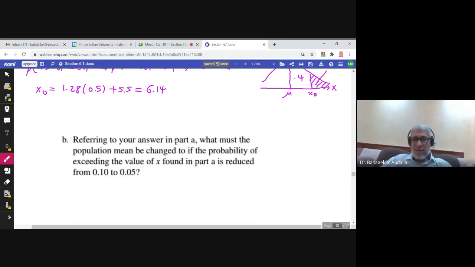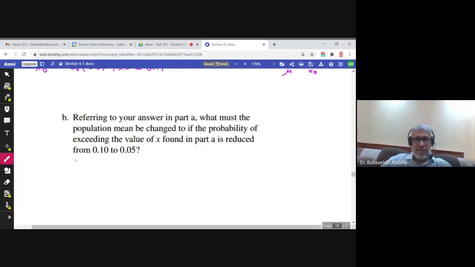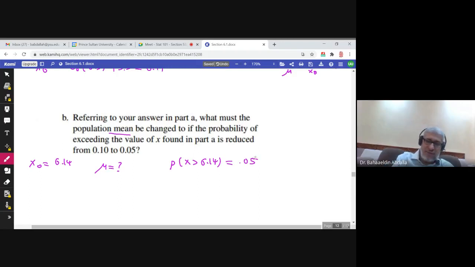Referring to your answer in part A, our answer is x0 is 6.14. What must the population mean be changed to? Okay, so mu would be changed to another mu, which is unknown, if the probability of exceeding the value of x, 6.14, is reduced from 0.1 to 0.05.